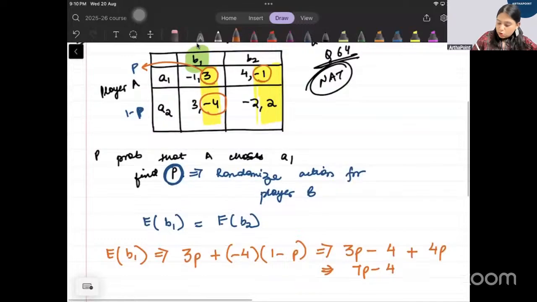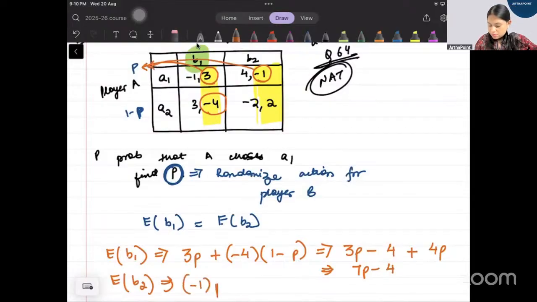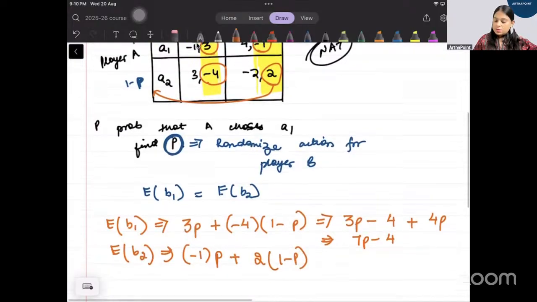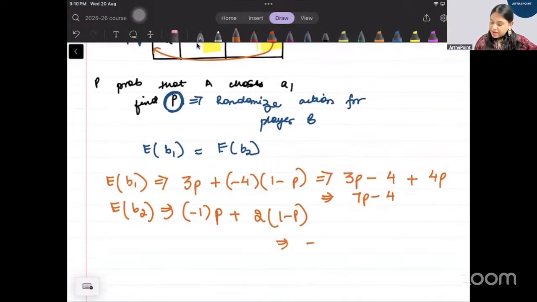Now his expected payoff from B2. He gets -1 with probability P and 2 with probability 1 minus P. So this is going to be minus P plus 2 minus 2P, which is 2 minus 3P.